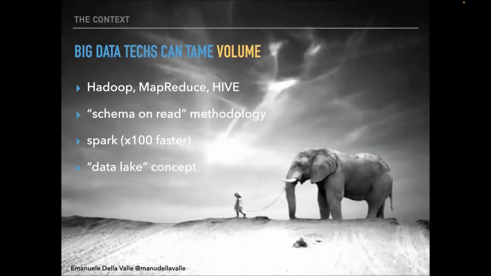So, getting into the introduction. I think you all agree that nowadays we contain many of the characteristics that somehow shape the concept of big data. Hadoop, MapReduce, Hive, Spark, the data lake concept, all of them are ways, technical and methodological, to tame the volume dimension.